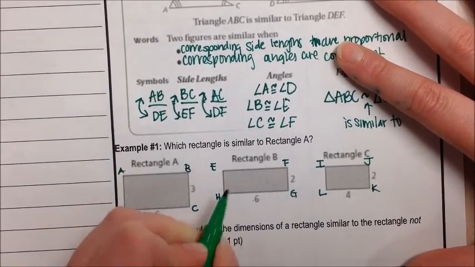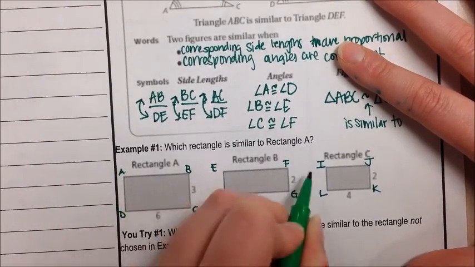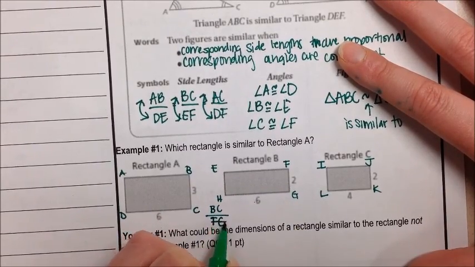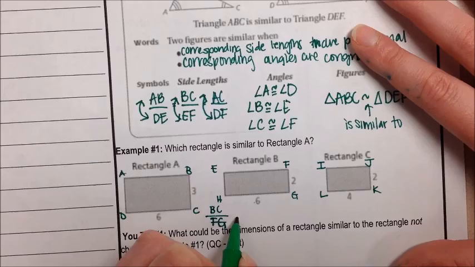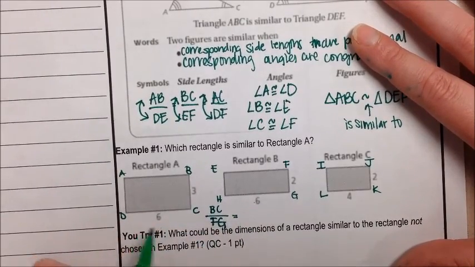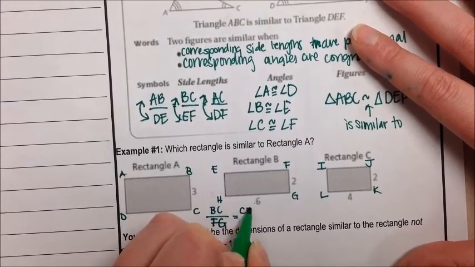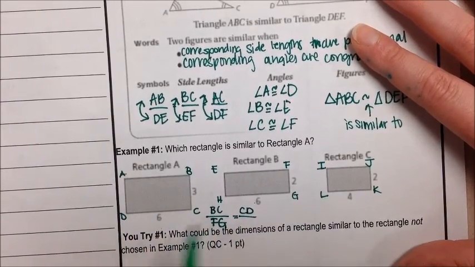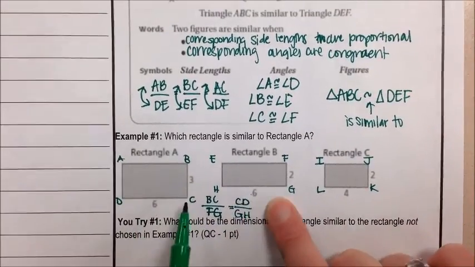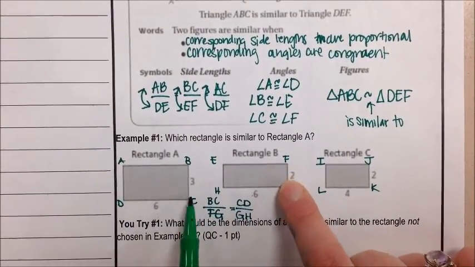I'm going to do BC divided by FG, and that should be equal to CD divided by GH. So CD and GH go together.